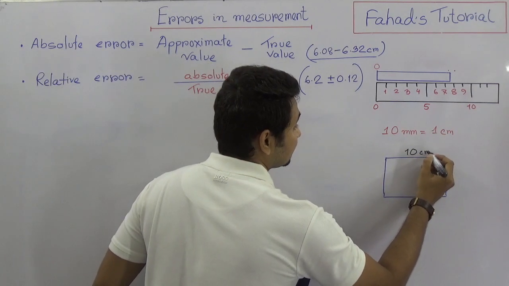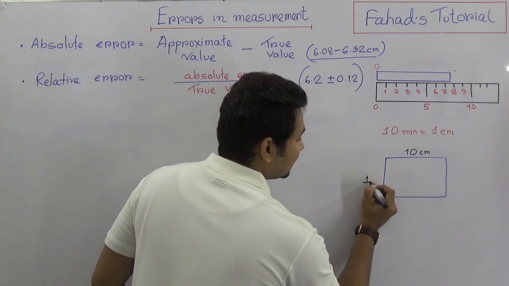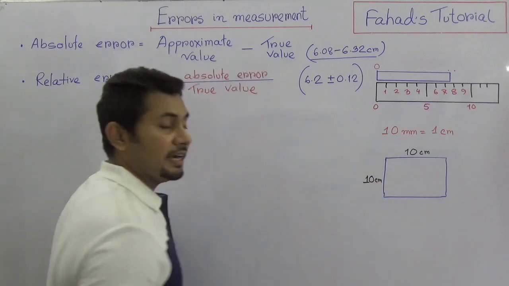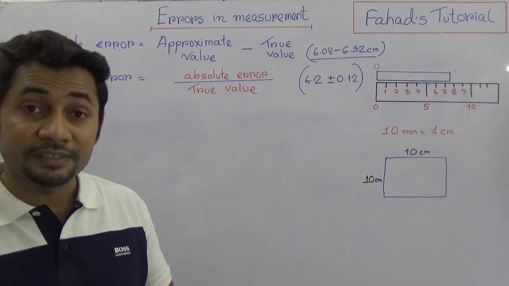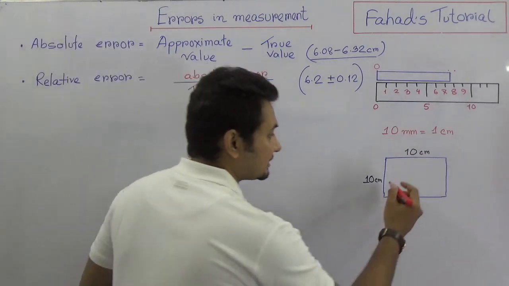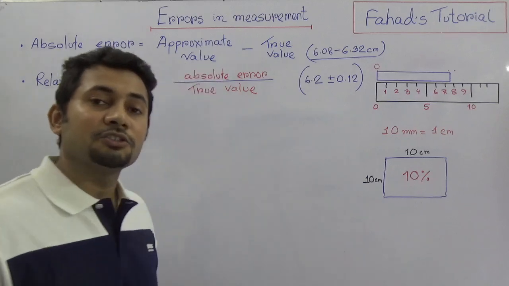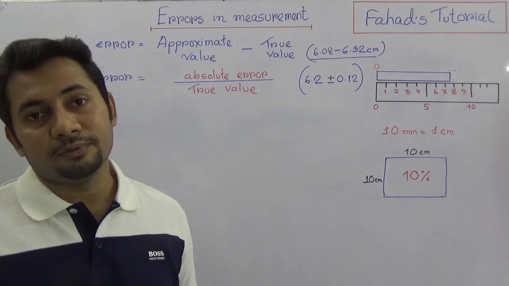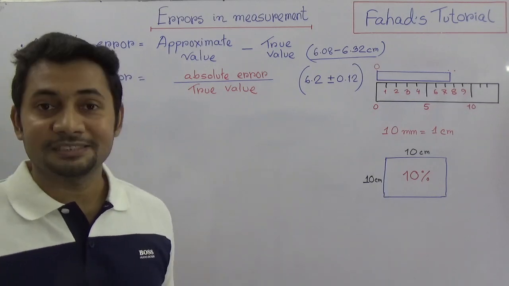As it is square, all the sides will be 10 centimeter. And if it is said that the error of this measurement is 10%, then what should be the relative error when we measure the area of the substance?